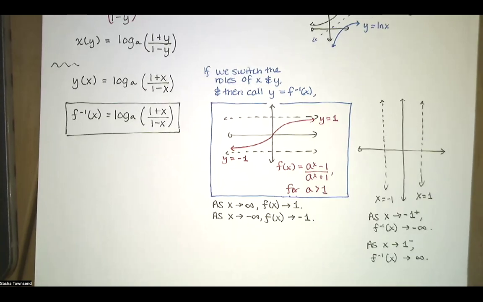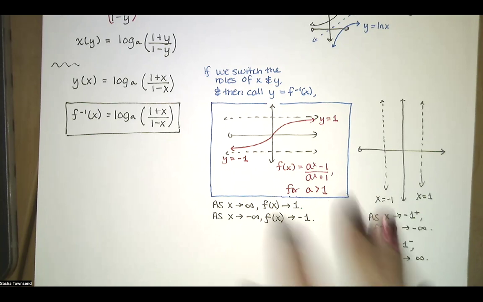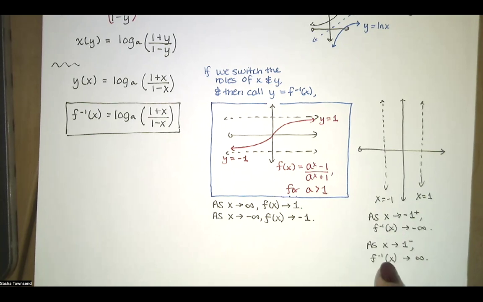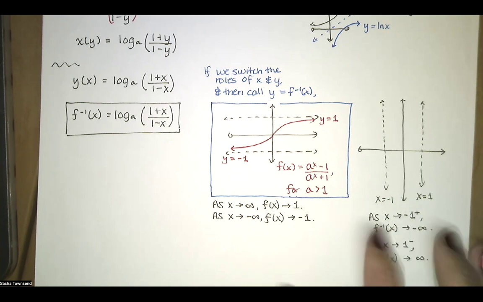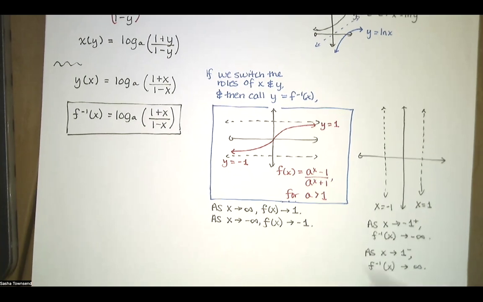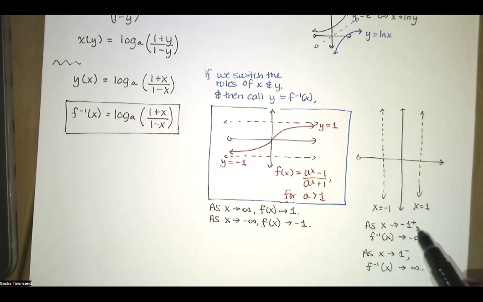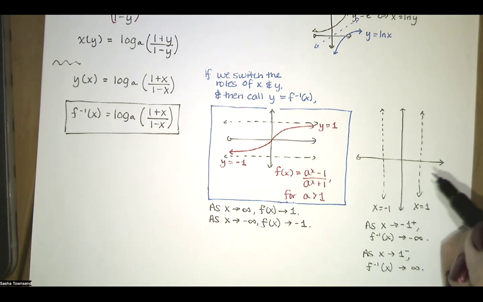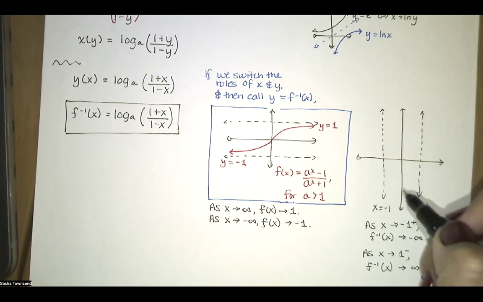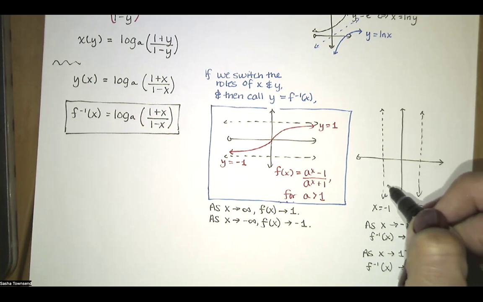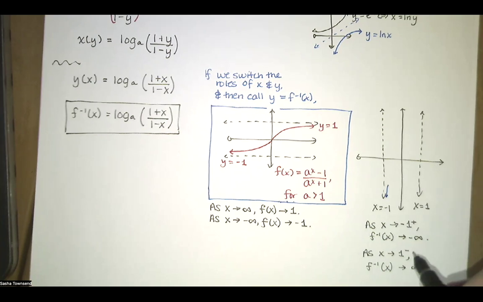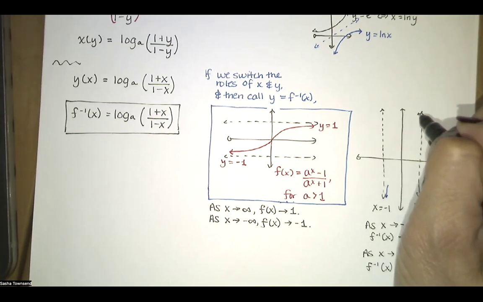So you could use y instead of f of x here, and you could use y instead of f inverse here, but I'm using f of x and f inverse of x because those are 2 different functions. So if we put those 2 pieces together, as x approaches -1 from the right, the y values go to negative infinity. And as x goes to +1 from the left, the y values go to positive infinity.